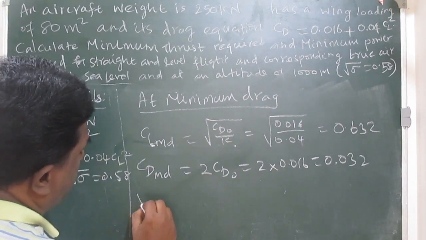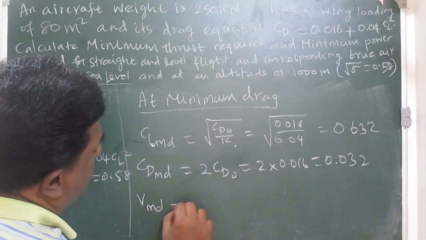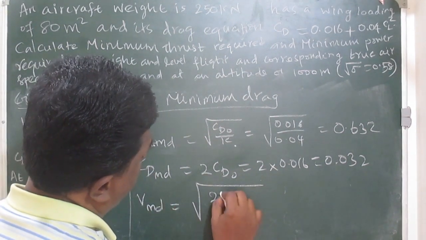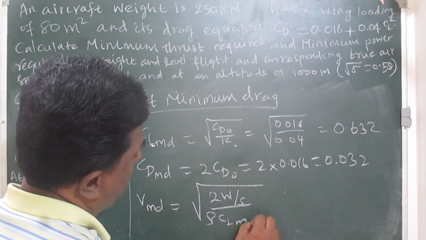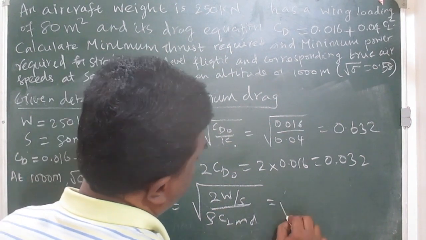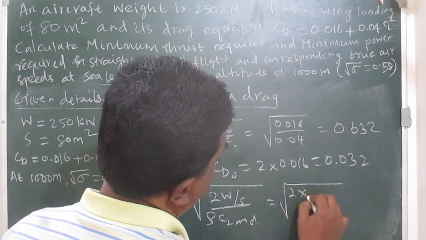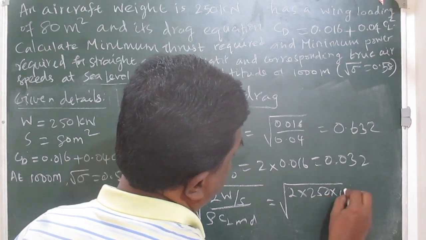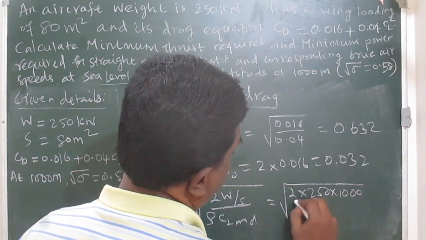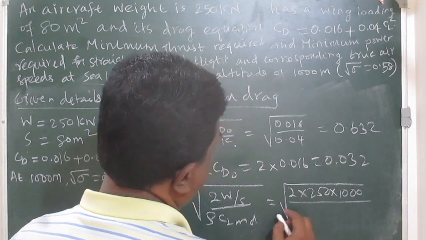Then velocity at minimum drag condition is square root of 2W by S by rho CL minimum drag. So this is square root of 2 into W, where W is 250 into 1000, because it is under root, so we substitute the basic value.